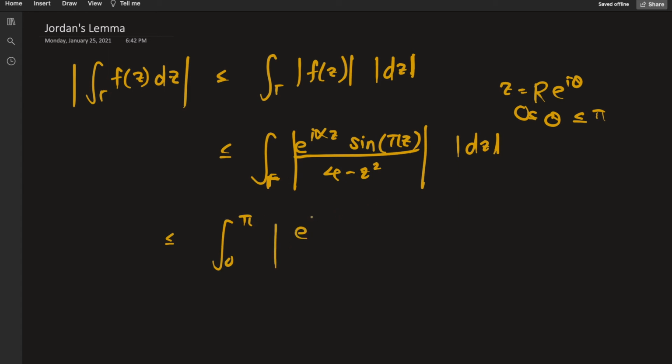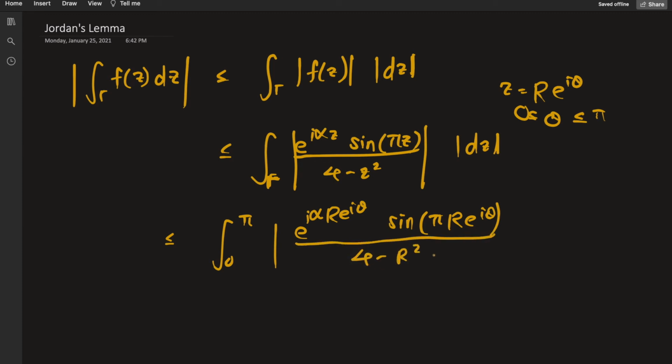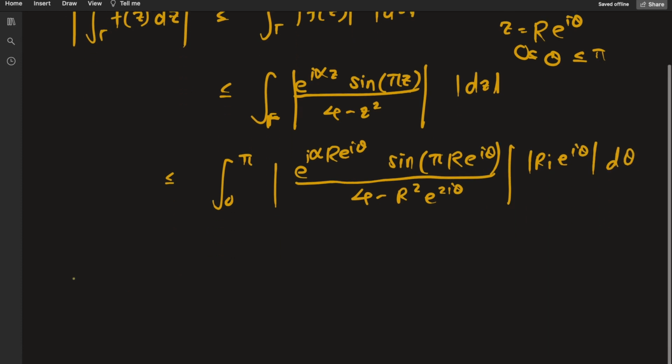e to the I alpha r e to the I theta sine of pi r e to the I theta over 4 minus r squared e to the 2I theta. dz is going to be r I e to the I theta d theta. Okay, we can use a basic bout of inequalities.